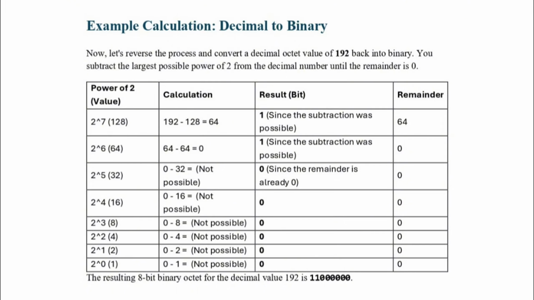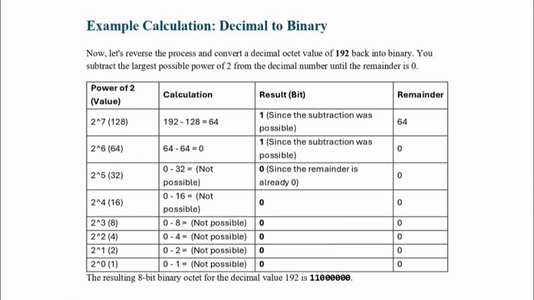We continue this process with 2 power 6, which equals 64. We take the remainder from the previous calculation, 64, minus the 64 of 2 power 6, which gives 0. Since the subtraction was possible, we take the result bit as 1, which gives us the remainder 0.